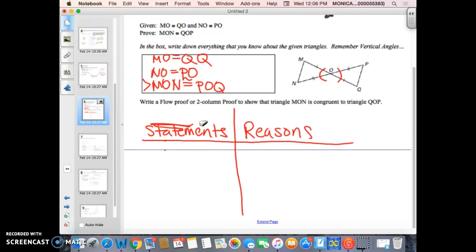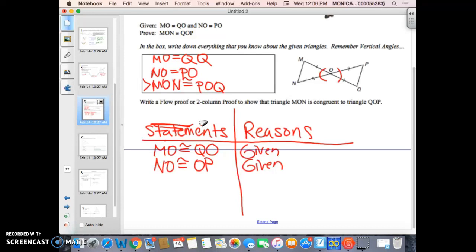So my statements basically are the stuff in this box that I know about the two triangles. So first of all, I know that MO is congruent to QO, and the reason for that is given. And then I know that NO is congruent to OP, and that as well is given.